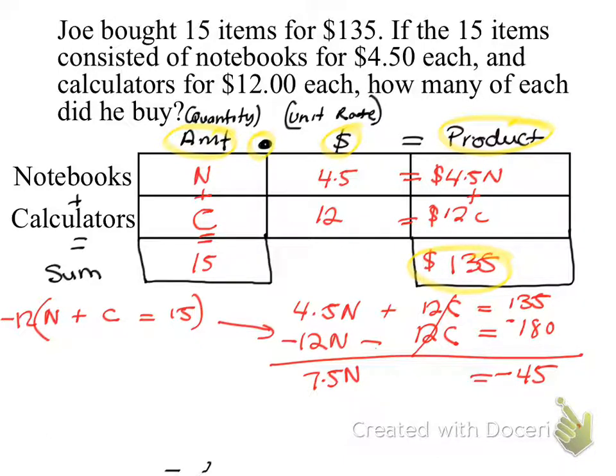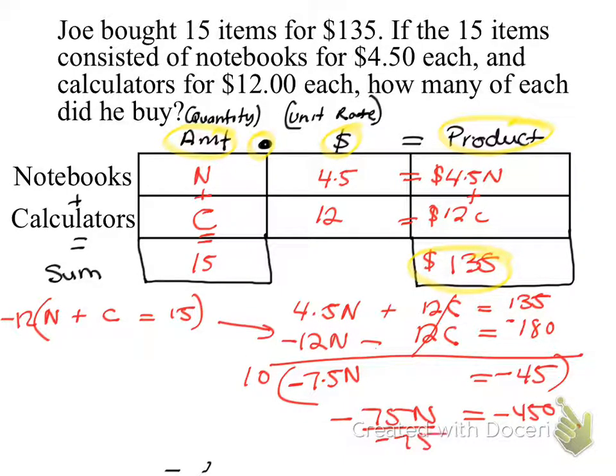Okay? Now, what do I really hate? Decimals, so let's clear it. Multiply by 10, and oh, I see I left the negative. Thank you, Evan. So now I'm going to just move it over. It's negative 75n equals negative 450.